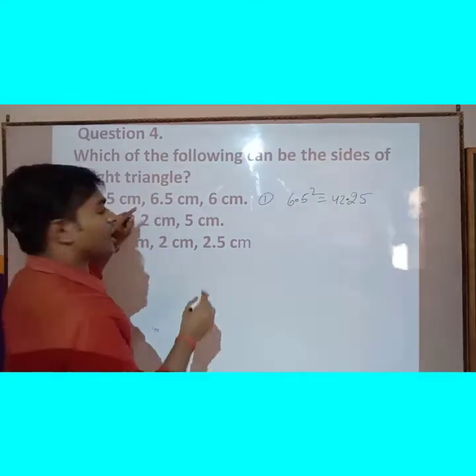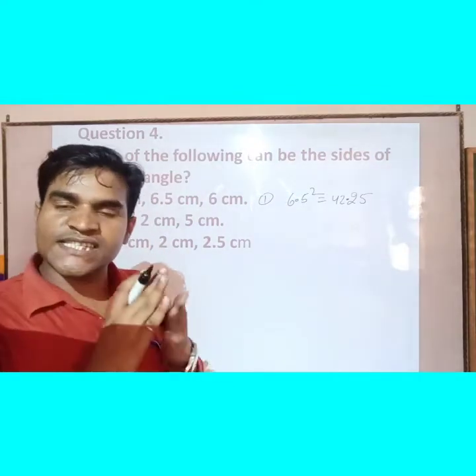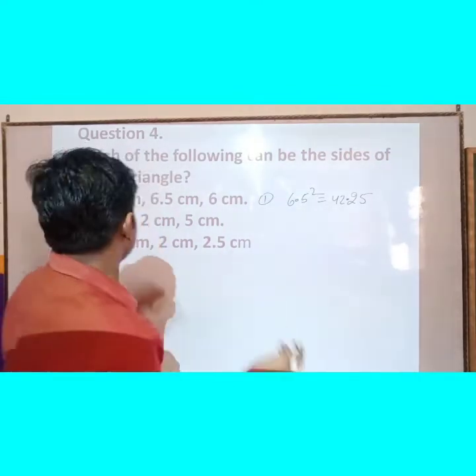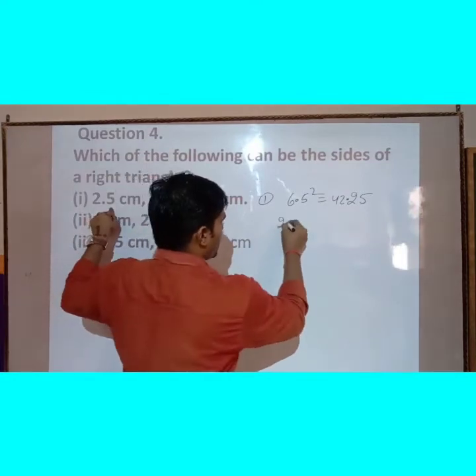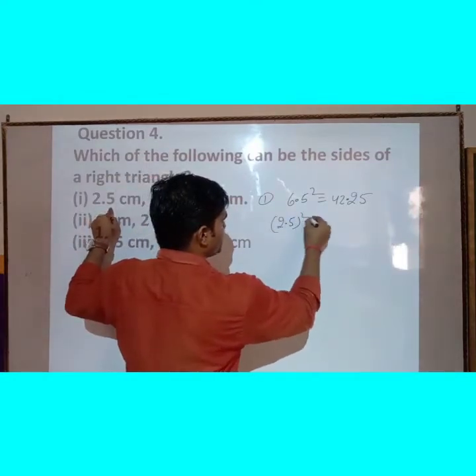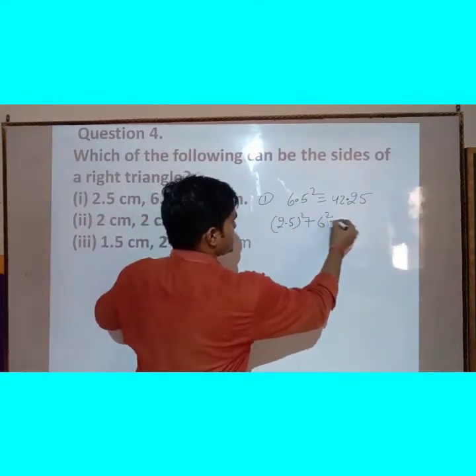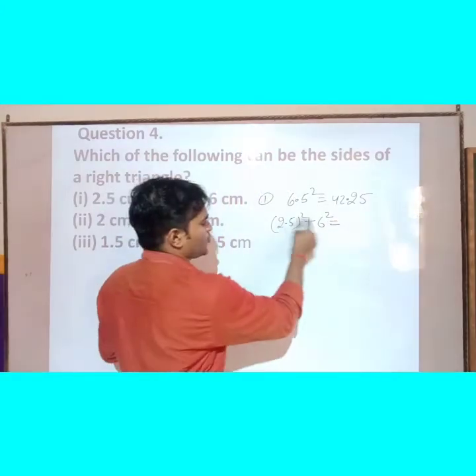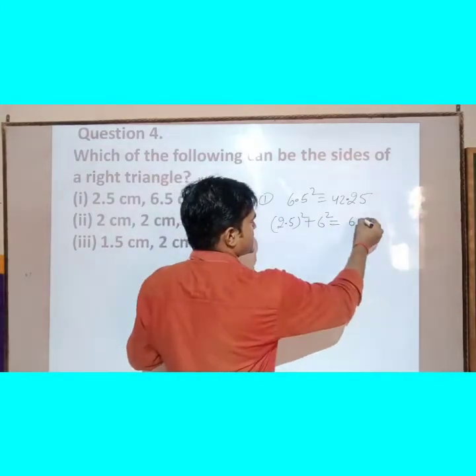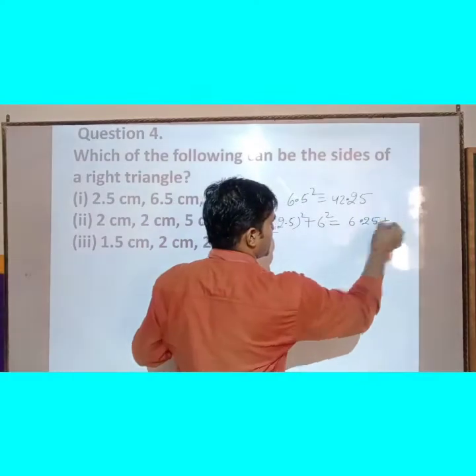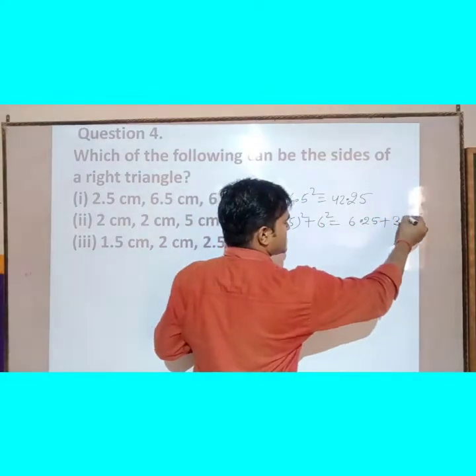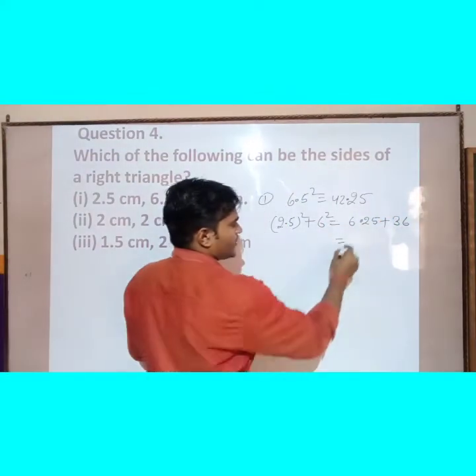Now we will find the sum of the squares of the other two sides: square of 2.5 centimeter plus square of 6 centimeter. That is 6.25 plus 36.